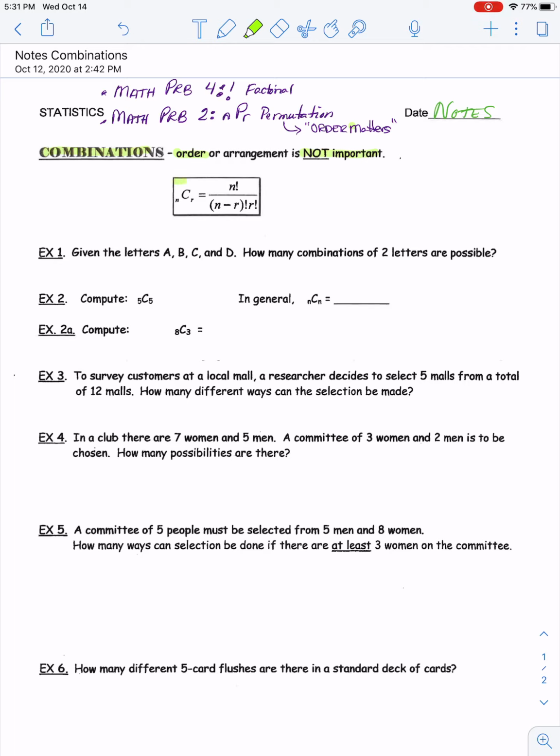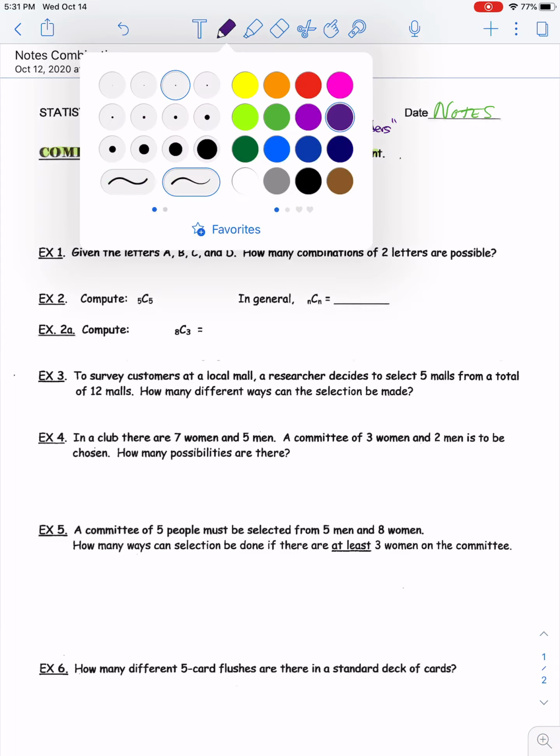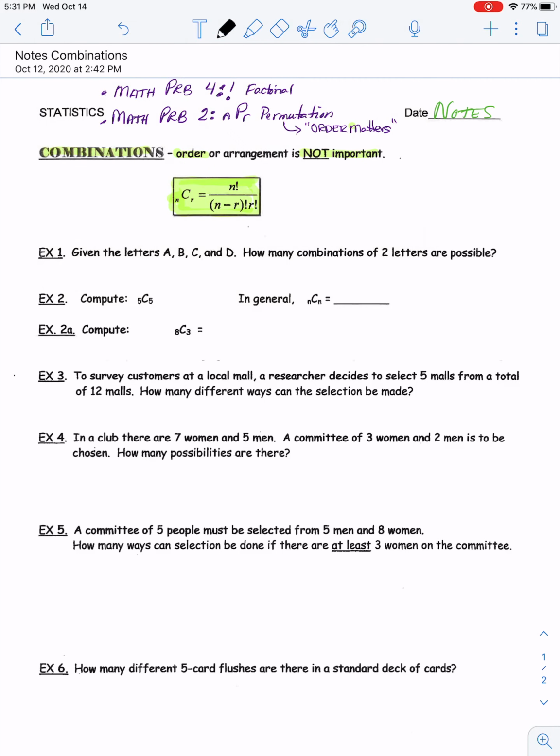So I gave you a little formula here. nCr. You'll notice it is similar to the permutation formula, except that we have an extra divide by r factorial. n is still going to be the total objects that you have. r is how many you choose, the number of objects chosen at a time.